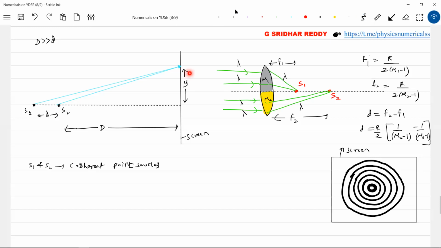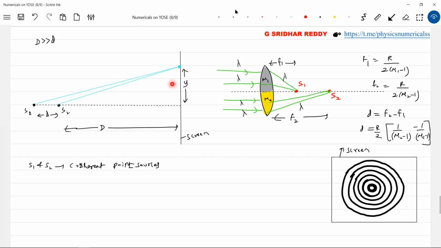Screen means what? Will it be a line or a plane? The screen will be a vertical plane. So on that vertical plane, go around in a circle of radius y. If this is maxima, then all the points on the circle should also be maxima. If this is minima, then all the points on that circular path should also be minima.